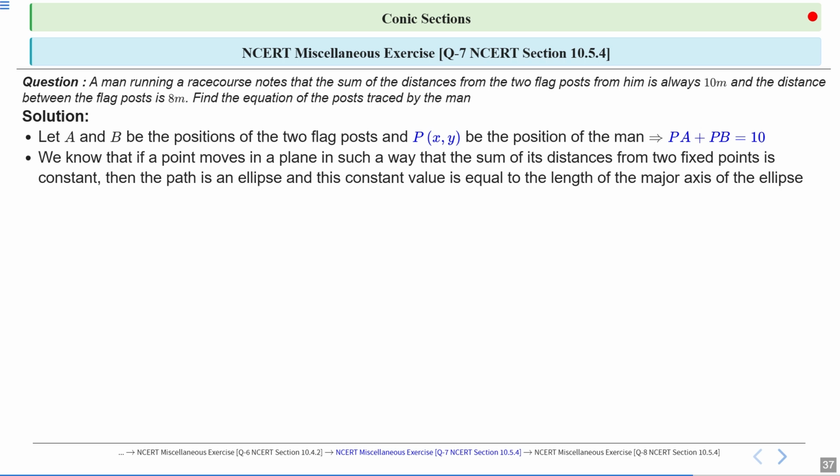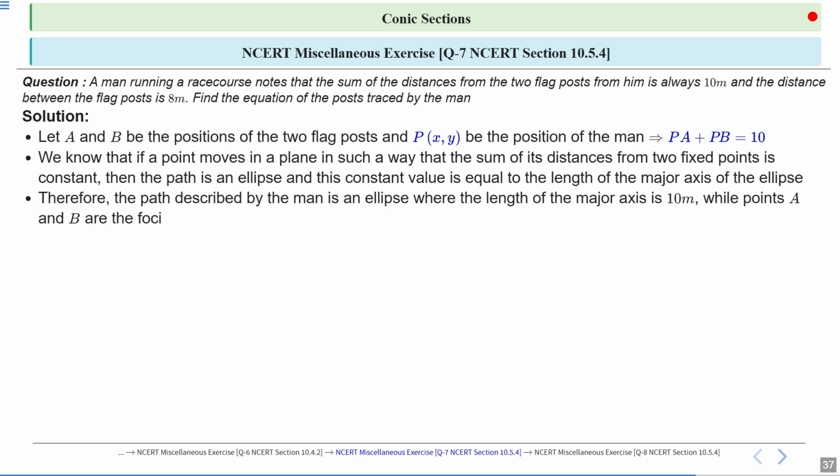This constant value is equal to the length of the major axis of the ellipse. Therefore, the path described by the man is an ellipse where the length of the major axis is 10 meter, while points A and B are the foci. So this is the diagrammatical representation of the path described by the man, which is an ellipse.